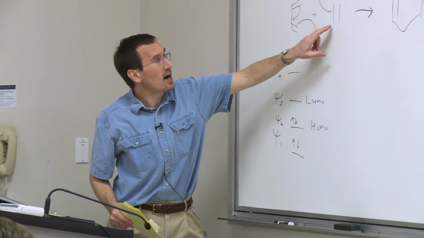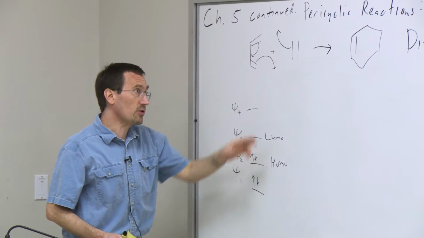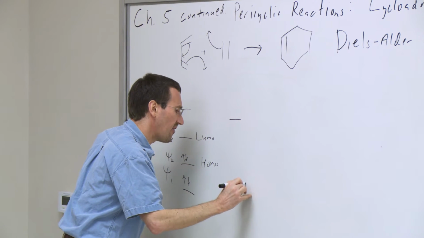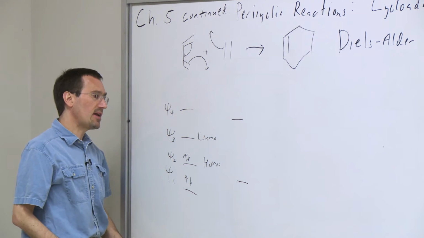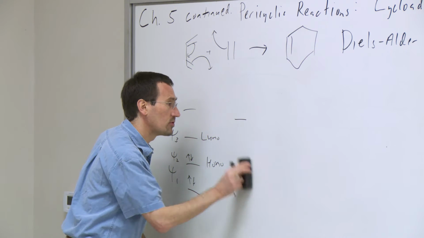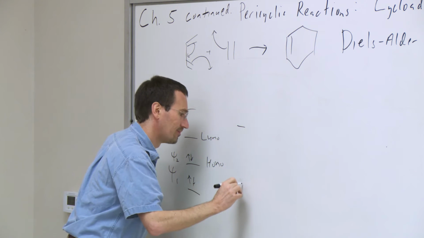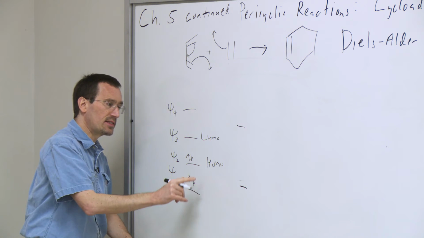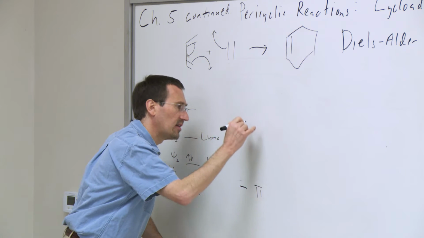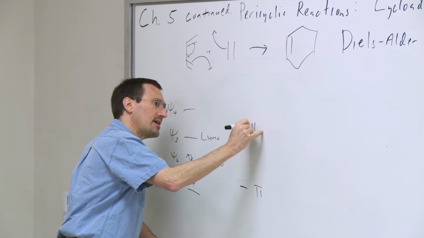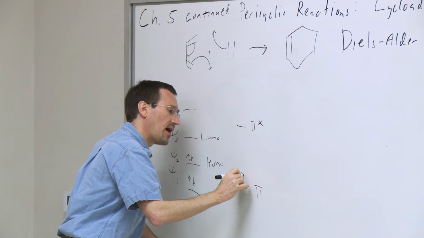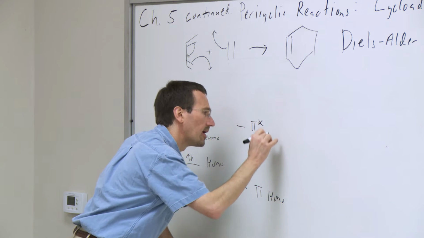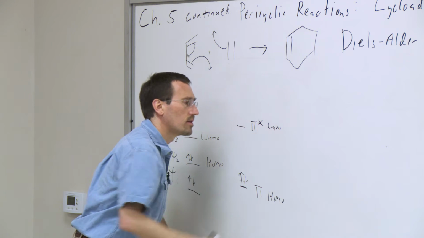And then the other component is ethylene, or more specifically a dienophile, an alkene. And we have the pi, and I'm going to try to draw them at the same levels, between psi 1 and psi 2 for pi of ethylene, and between psi 3 and psi 4 for pi star of ethylene. And so again, we have a HOMO and a LUMO.